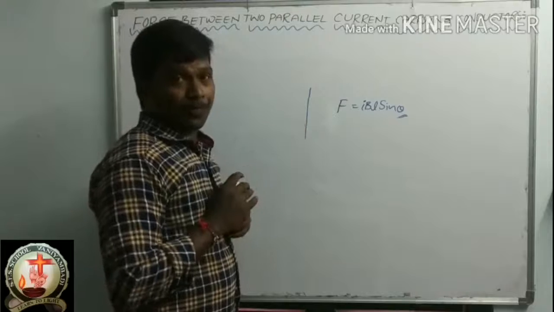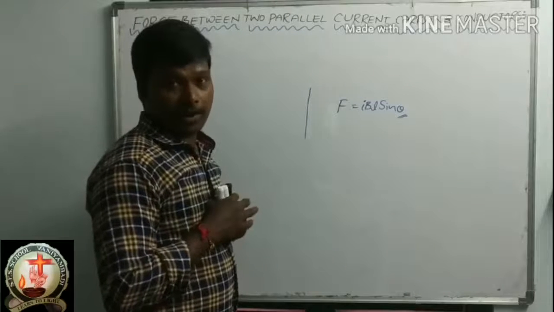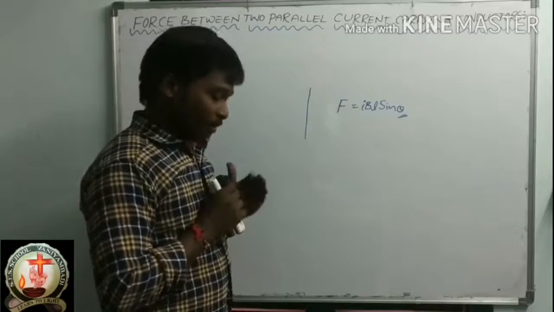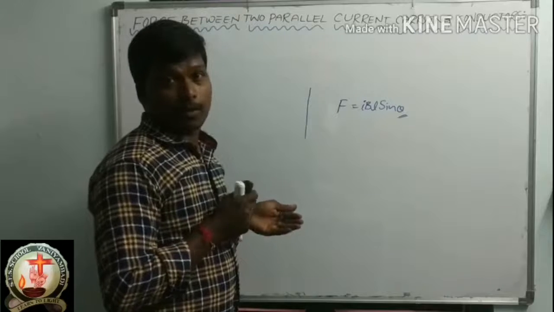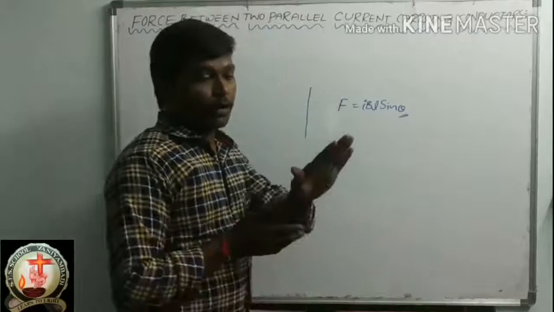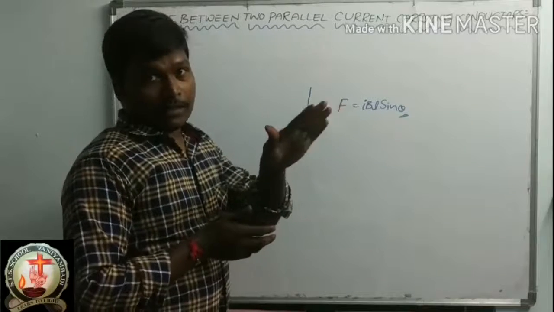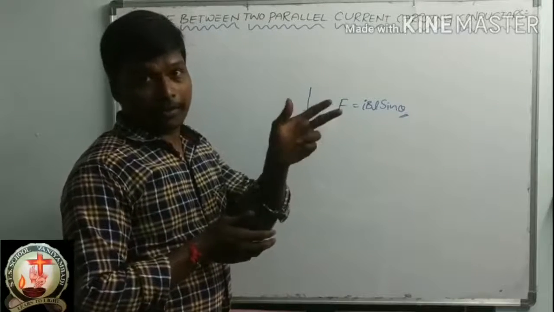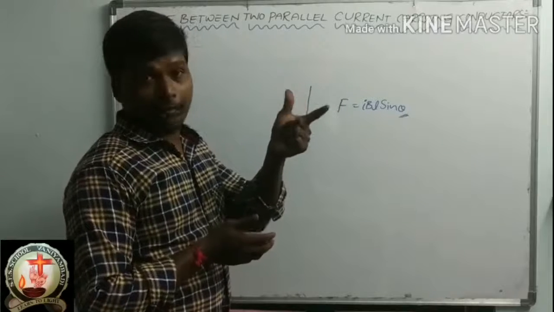You have to know Fleming's left hand rule. I told you already, but once again I will tell you. Take your left hand and choose three fingers: thumb, forefinger and middle finger.